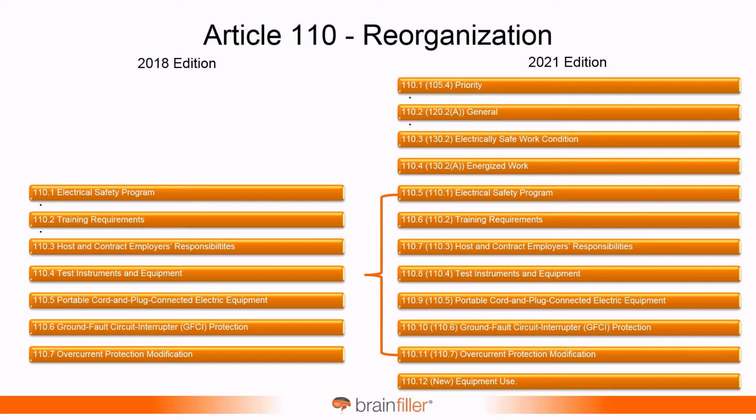And you could see what happened here. There was certain language and subsections from other parts of NFPA 70E that were better suited for Article 110. And then also down at the bottom, there's a new section. It's 110.12, and it's for equipment use. And we'll take a look at this.